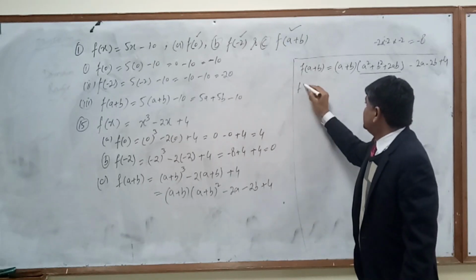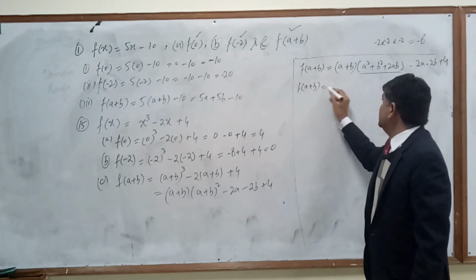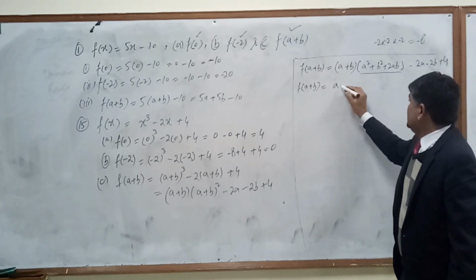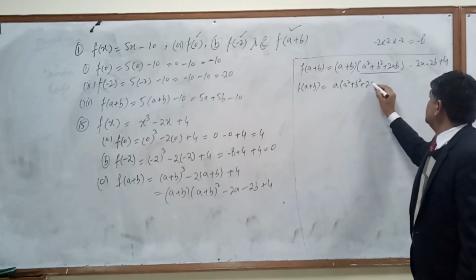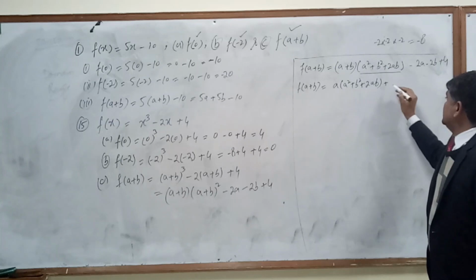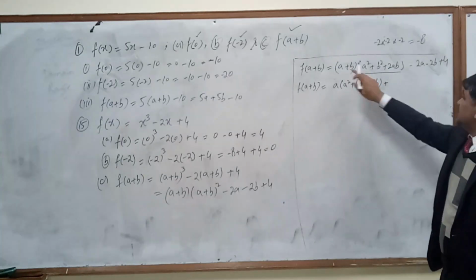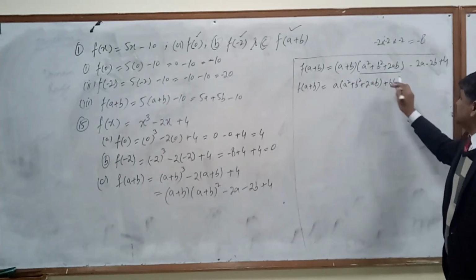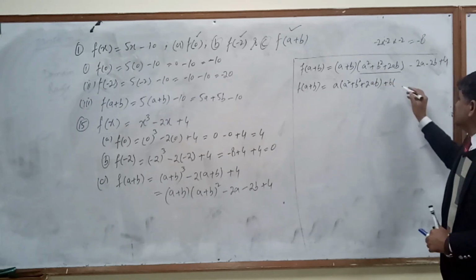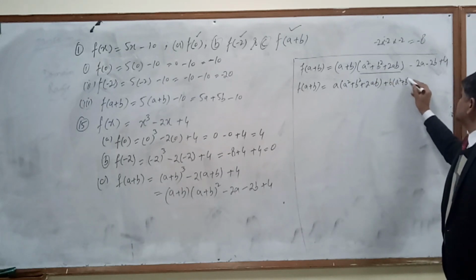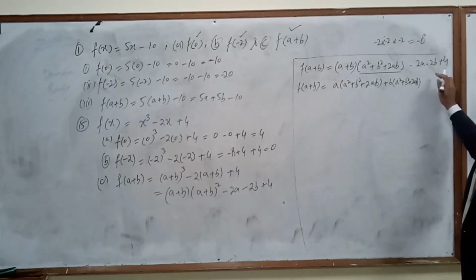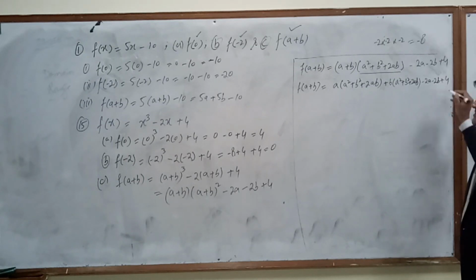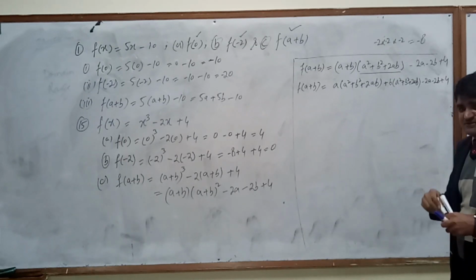So in the first part, f of a plus b is equal to a into a square plus b square plus 2ab. Inside the second expression, here is the plus sign and b is given; b will be again multiplied with a square plus b square plus 2ab. What is left in the equation? Minus 2a minus 2b plus 4. Okay, students?